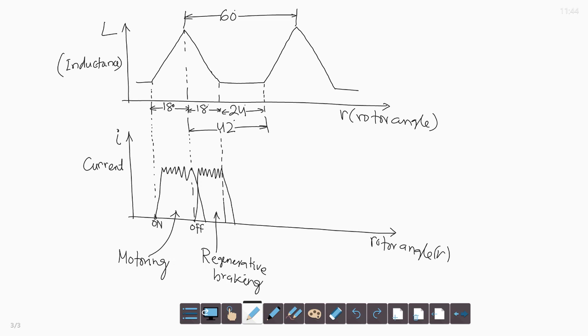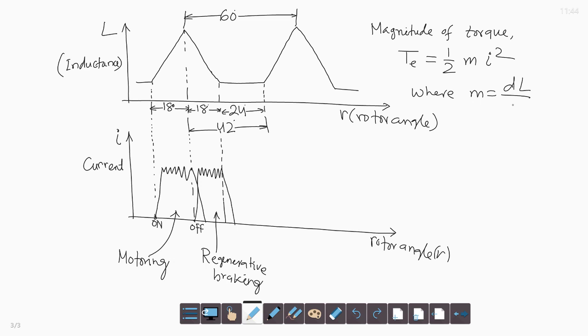So, this is how torque is produced, and the magnitude of torque is T E equals half of m into I square, where m is dL by d gamma, that is the slope of inductance, and I is the instantaneous current.